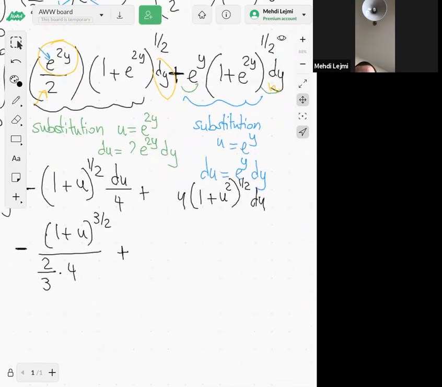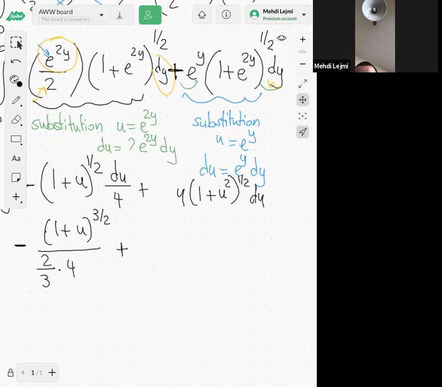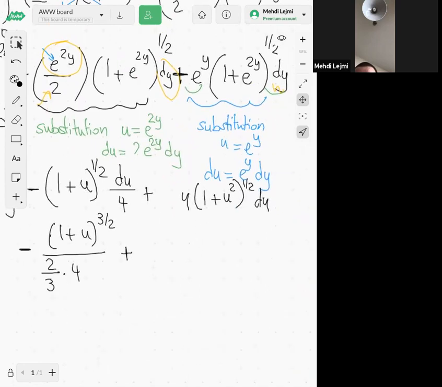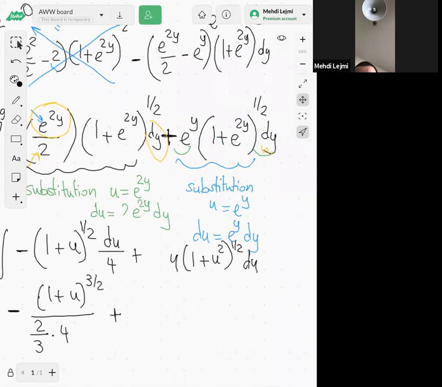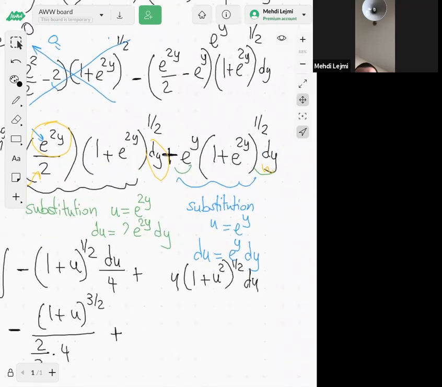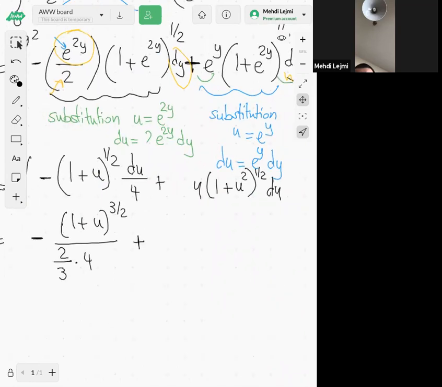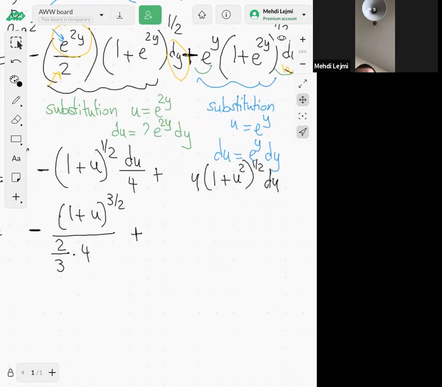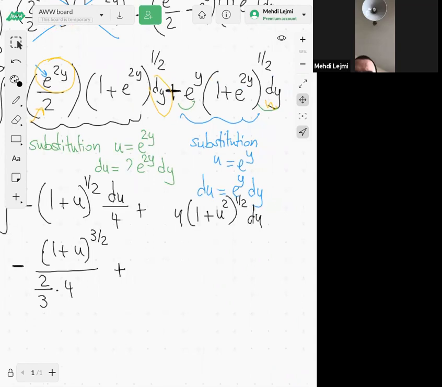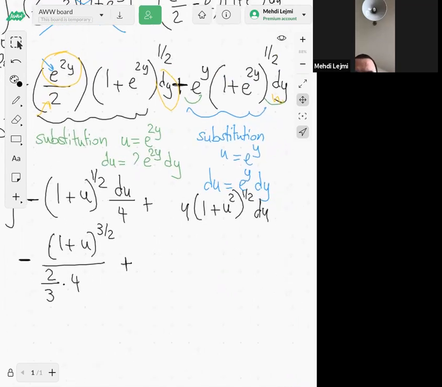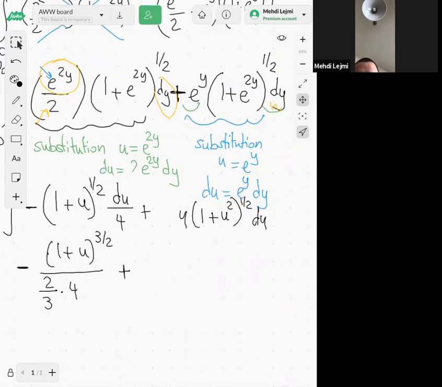So that's e to the 2y. That's the u square. And then, right? And then, where is it? Let's see. Is there? Where's the?